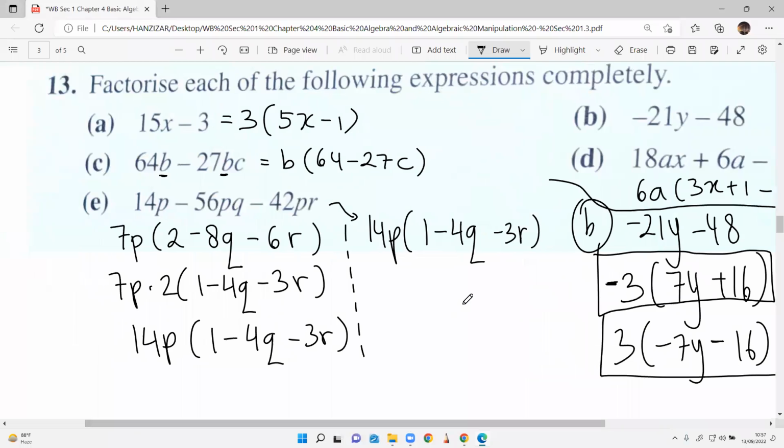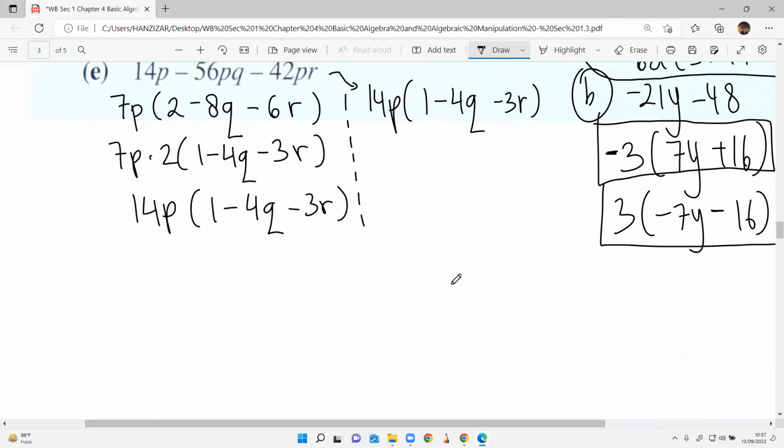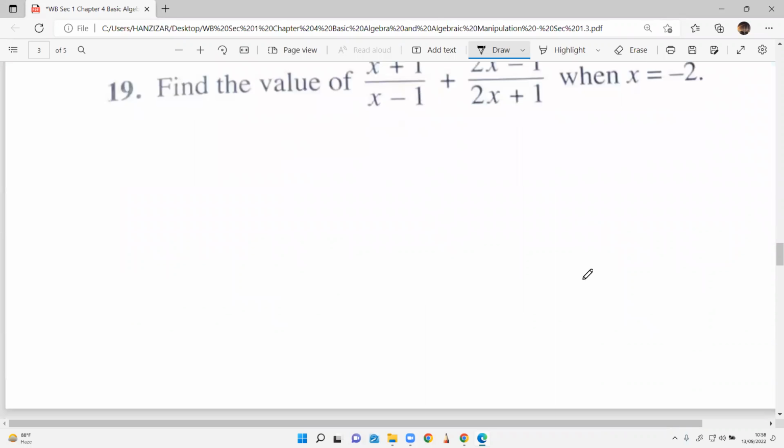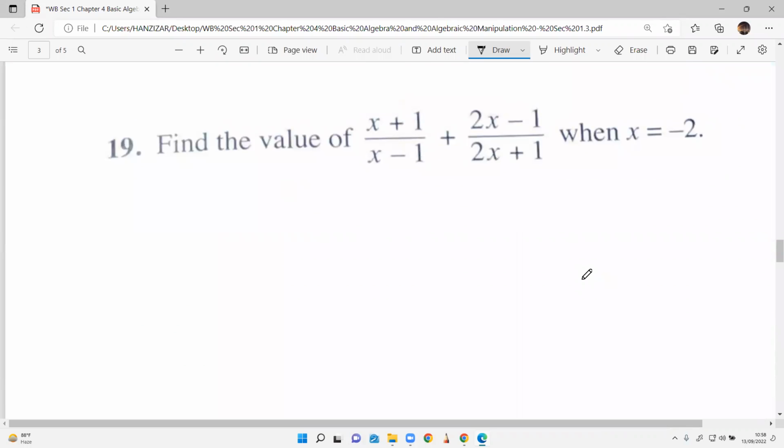So after number 13, 19. Okay. So find the value of this. I think it is not so hard, but it needs a lot of concentration. Okay, everyone look at this. I just changed x as -2.